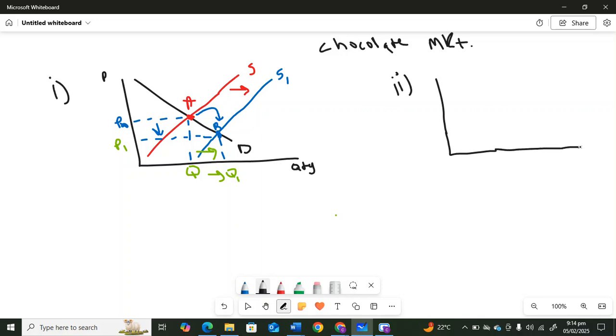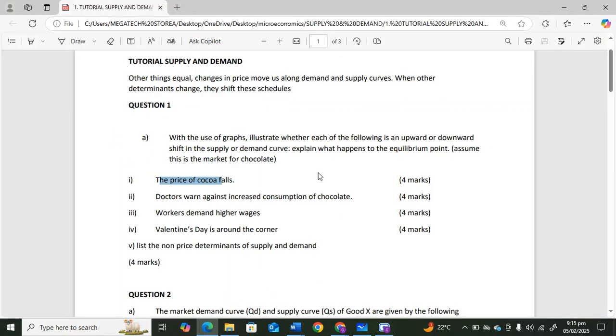Remember, in some questions they'll ask you how the equilibrium point moves.